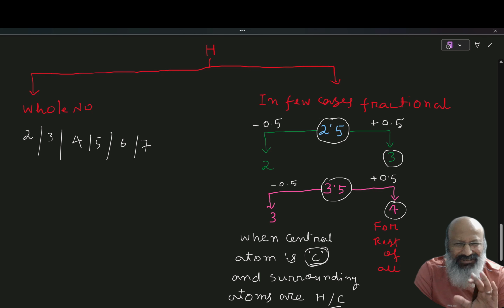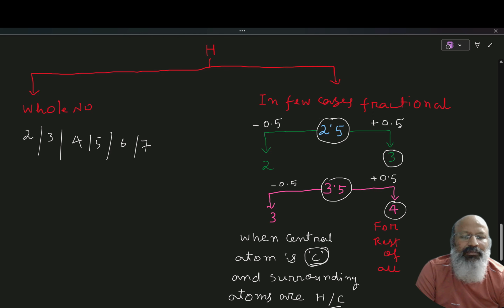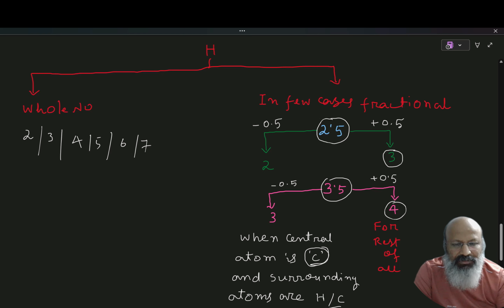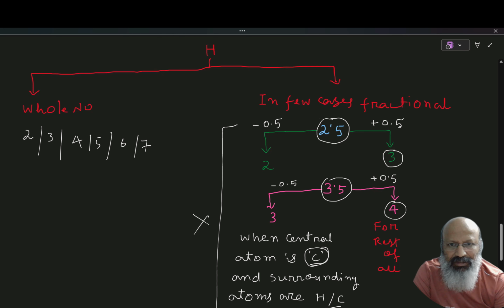Okay. So you need to subtract 0.5 for hydrocarbon, and for the rest of the cases you need to add 0.5. Got this point clear? It's the most important point, and mostly you will find people are silent about this particular rule. There is no clear guideline. So I hope you have understood that, and we'll see in the examples how to apply it.